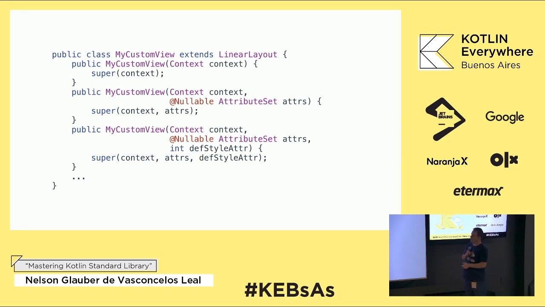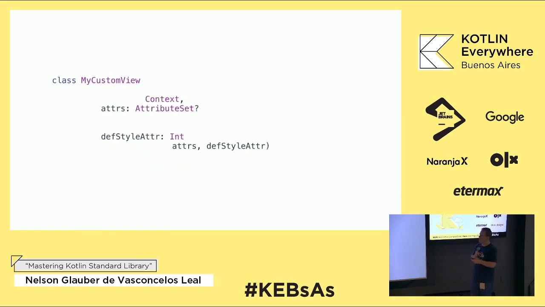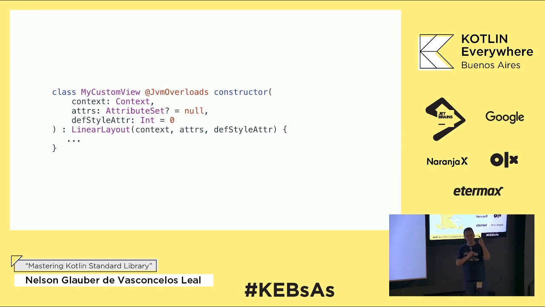The first constructor with context, the second with context and attribute set, and the third one with context, attribute set, and style. If you click on the IDE, convert to Kotlin, you get this code here, the 3 constructors. But even though it's annoying to have these 3 constructors, you can simply add JVM overloads and you just get 1 constructor, because the JVM will generate the 3 constructors for us. Okay, this is very good.